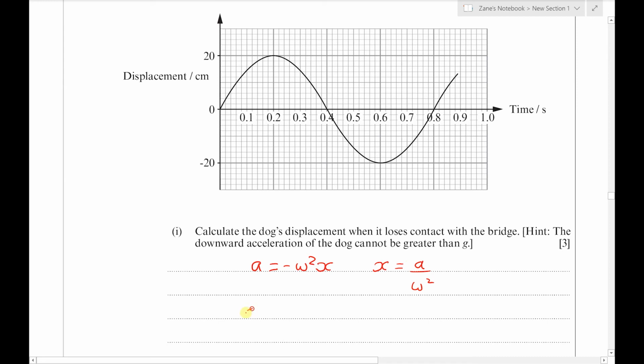The acceleration cannot be greater than g, so we're going to place the acceleration of 9.81, and we're going to put 7.76 squared for omega squared to give us a displacement. Putting that into the calculator, we get 0.163 meters, or basically 16.3 centimeters.